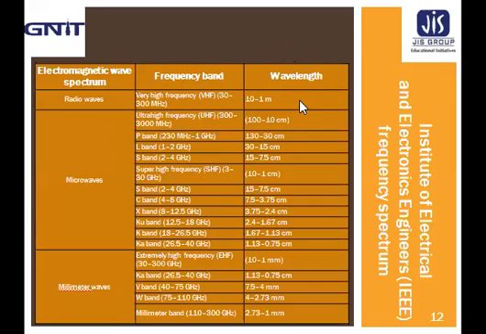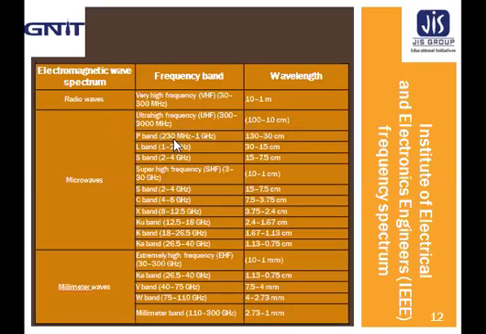The wavelength is 10 to 1 meter. And under microwave, there are different frequency bands like the ultra high frequency band, that is from 300 megahertz to 3000 megahertz. The wavelength is 100 to 10 centimeter.